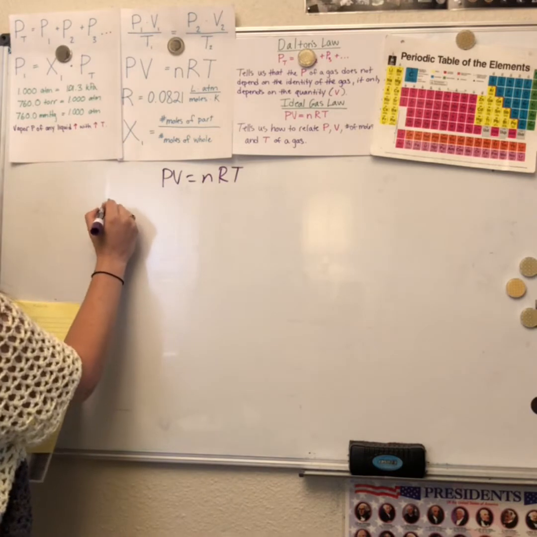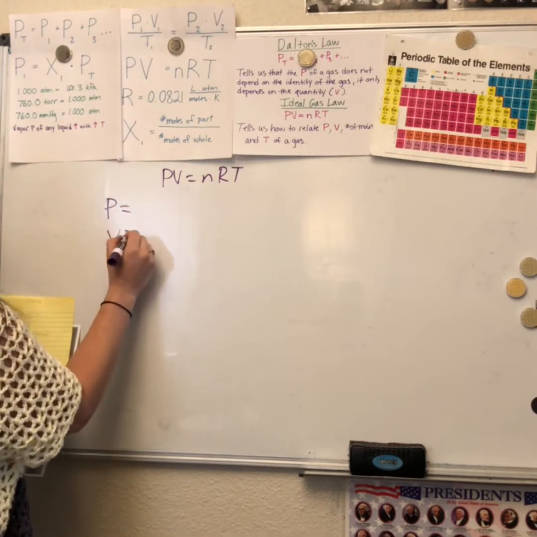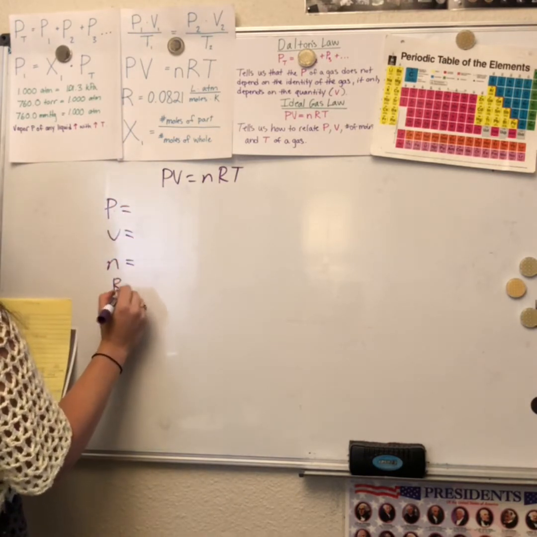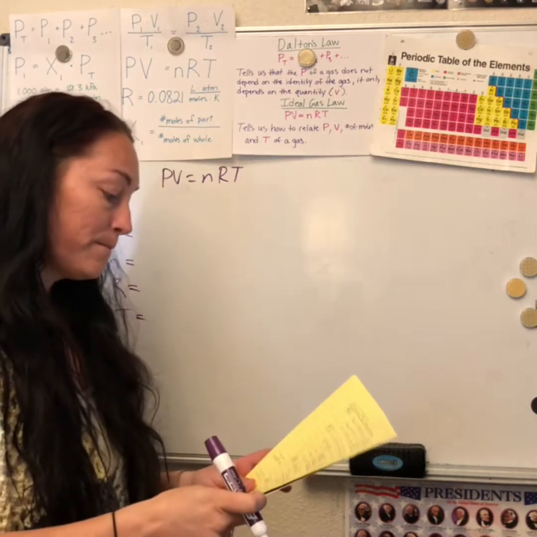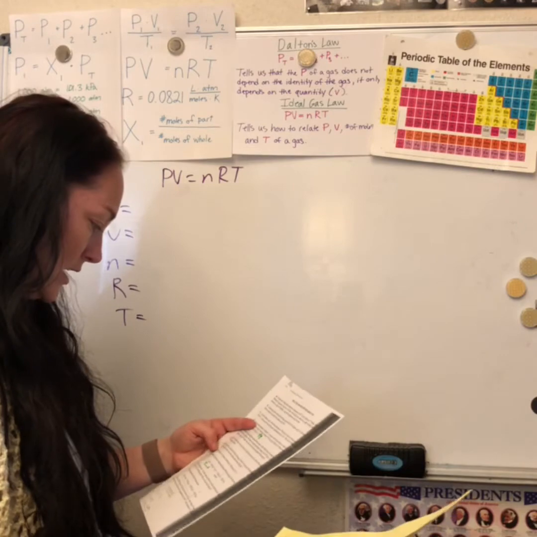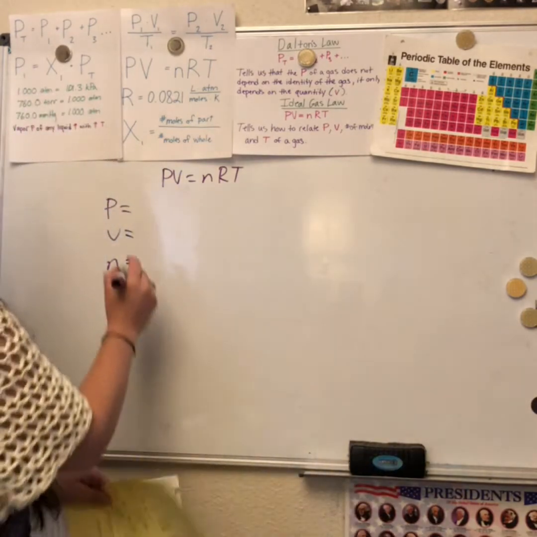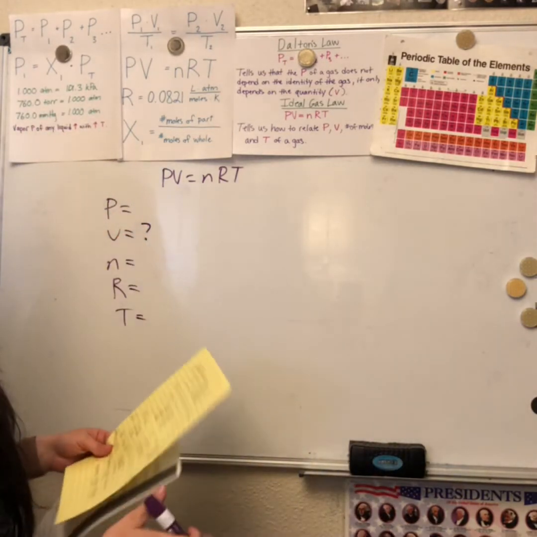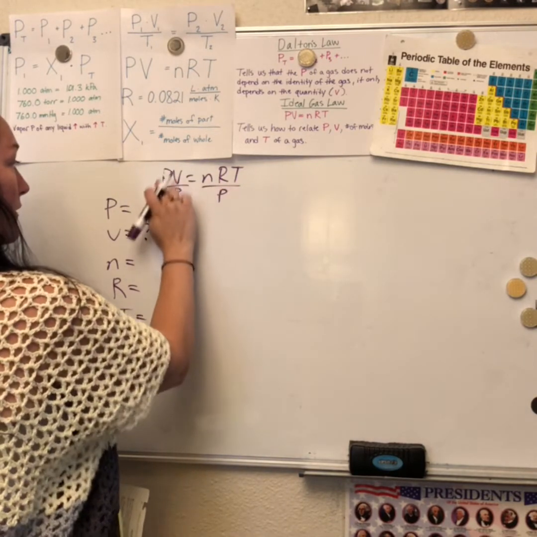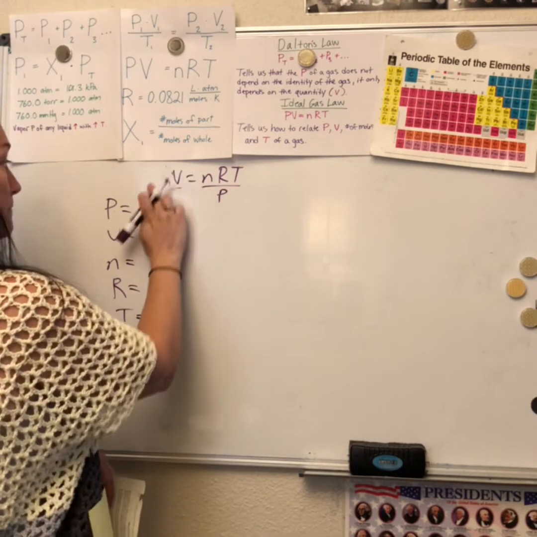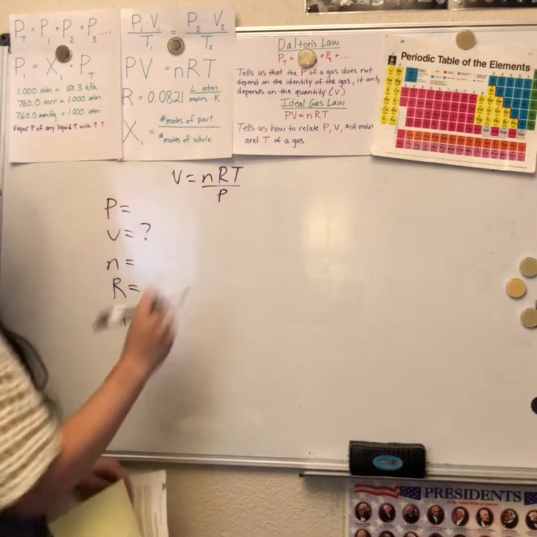So off to the side, I'm going to say P, V, n, R, T. And then I'm going to say, which one are we solving for? They said, what is the volume? So right away, I'm going to put a question mark. That's what I'm looking for. So let's get that by itself, okay? If I do that, this is how I'm going to be plugging it in, like this.